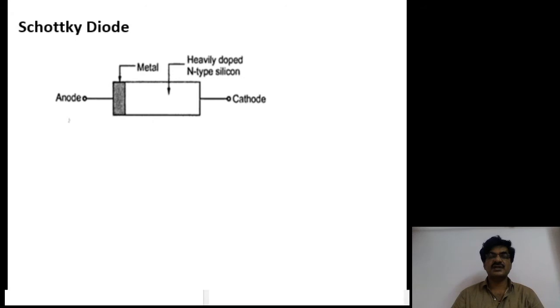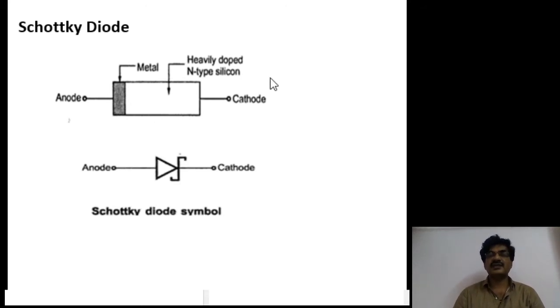But in a Schottky diode, one region is purely metal and the other region is semiconductor, that too N-type semiconductor. The advantage is that the cut-in voltage is less compared to an ordinary PN junction diode. And this is the symbol for the Schottky diode.